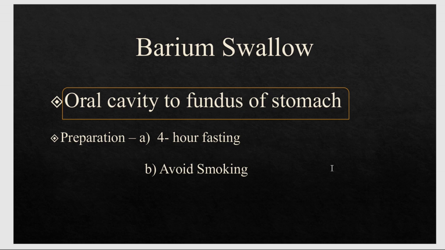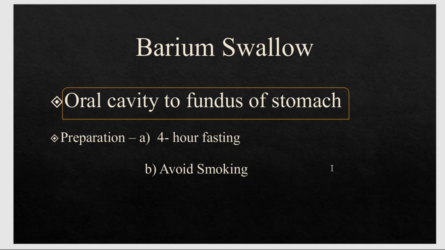For example, what is the condition of the lumen of the esophagus, or the peristaltic waves in the esophagus or the stomach. These functional aspects we can very well visualize over these barium studies.